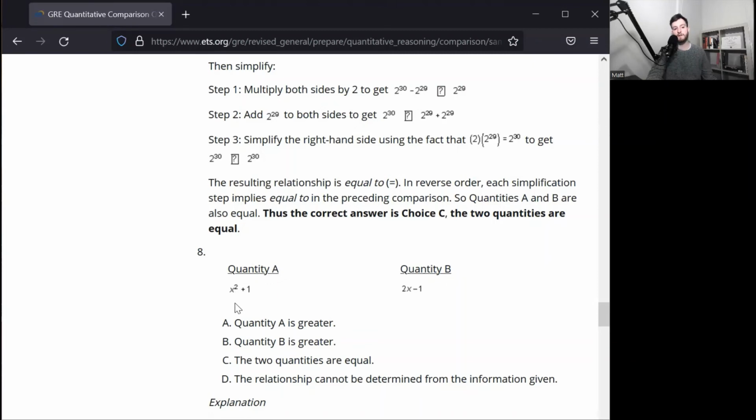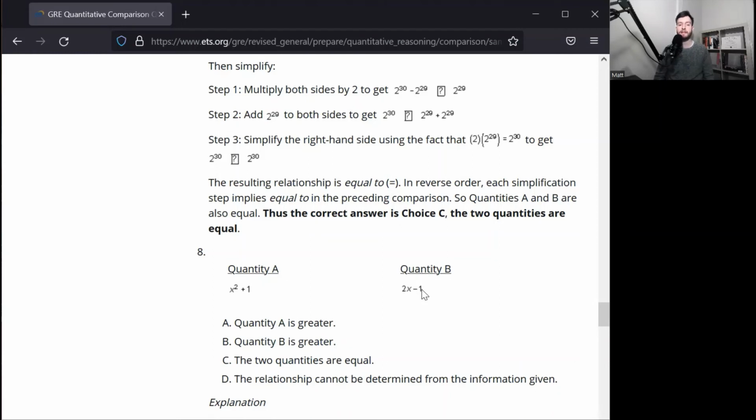So we know that this is always positive. 2 times a negative number is always negative. Minus another negative, of course, is negative. So that's interesting. That allows you to not try any negative numbers and just automatically know that A is greater. So we have A is greater with 0, with 1, with any negative number.